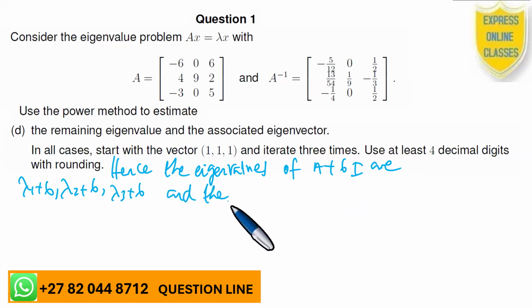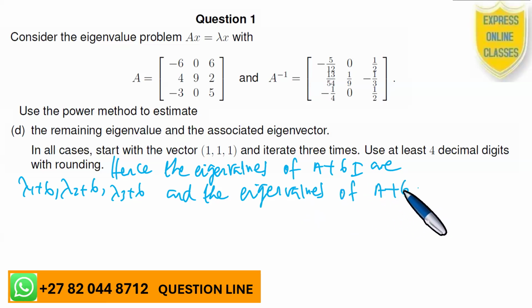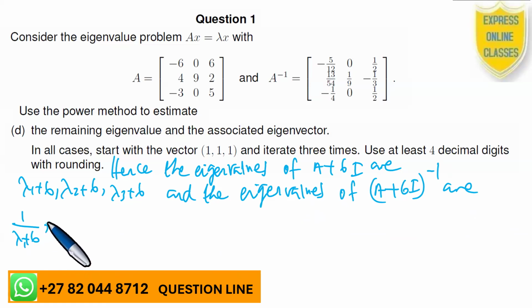And the eigenvalues of A plus 6I inverse are, for the inverse, the reciprocals: 1 over lambda 1 plus 6, 1 over lambda 2 plus 6, 1 over lambda 3 plus 6.